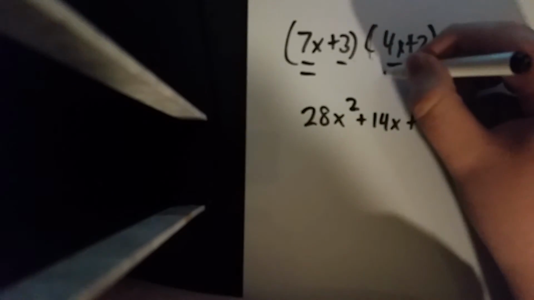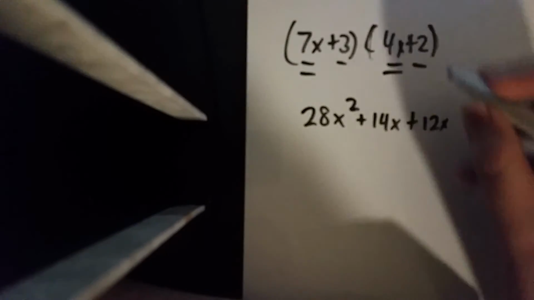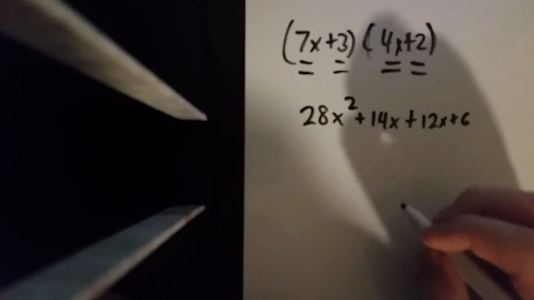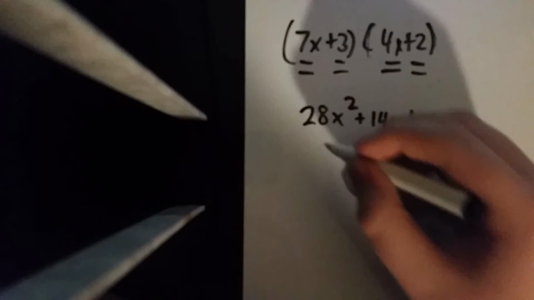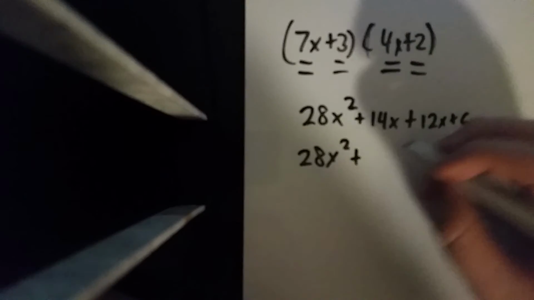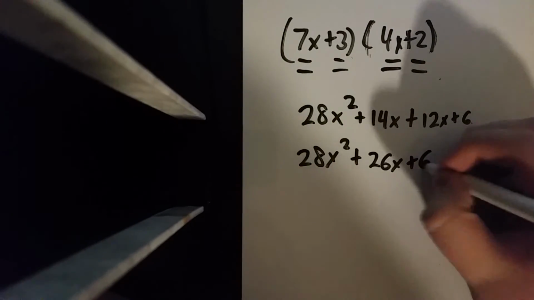And inner, 3 times 4x, 12x. And then 3 times 2 is 6. And this gives us our total of 28x squared plus 26x plus 6.